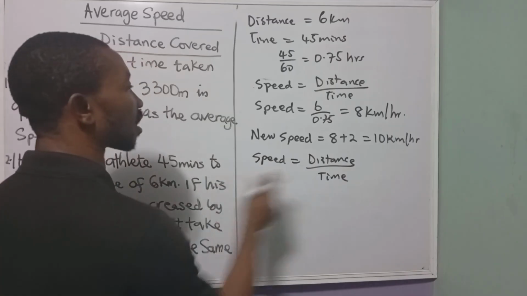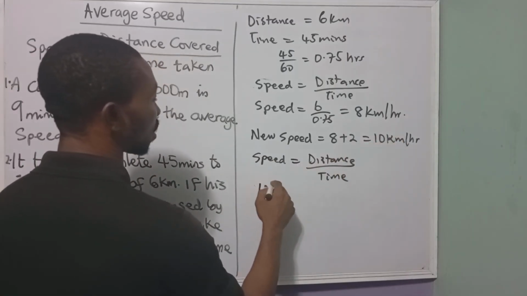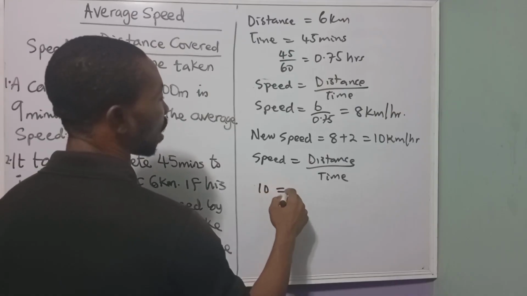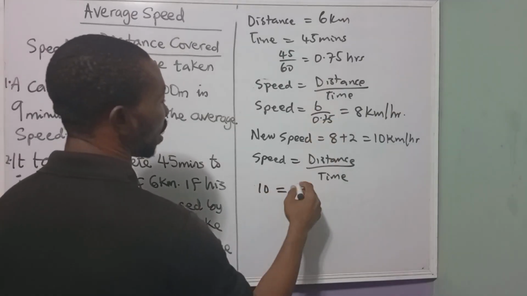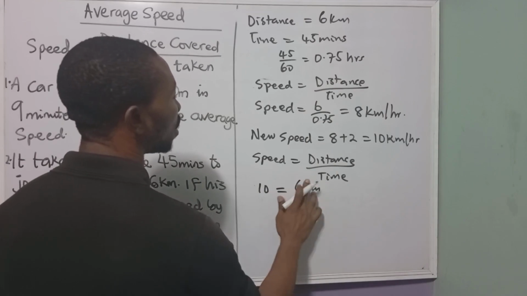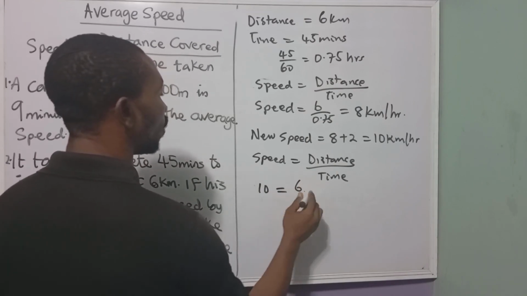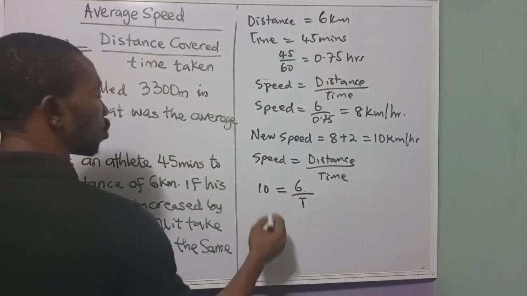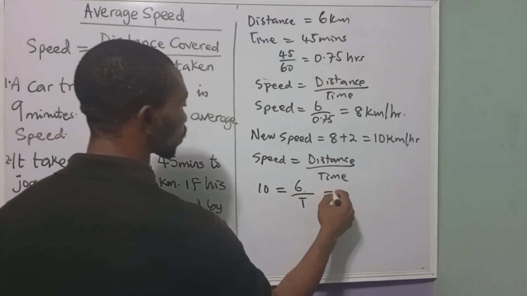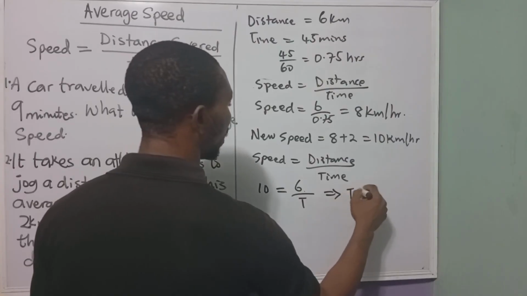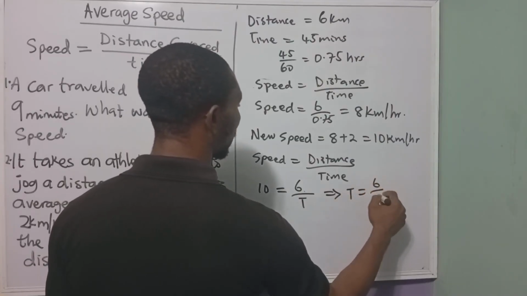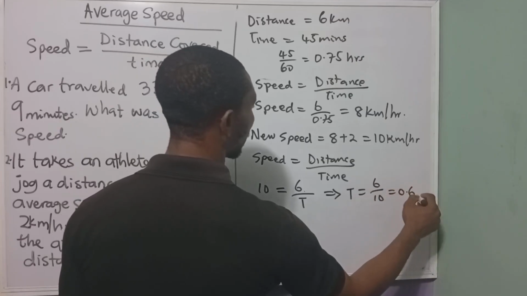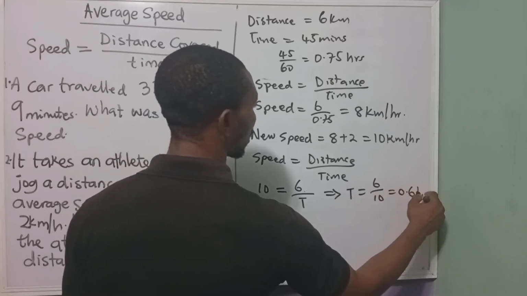Now in this case, our speed is 10 kilometers per hour, equals distance, still the same, 6 kilometers, over time t. So cross multiply, we have t equals 6 over 10, which is 0.6 hours.